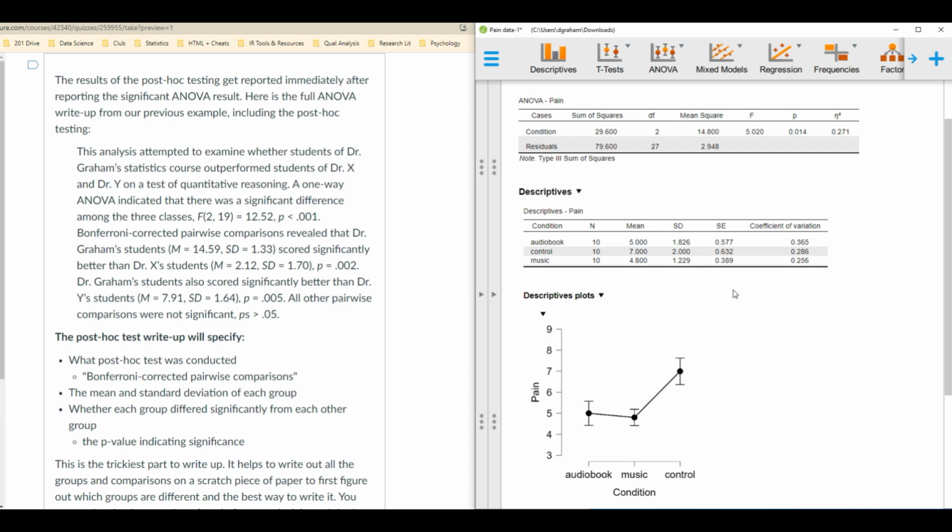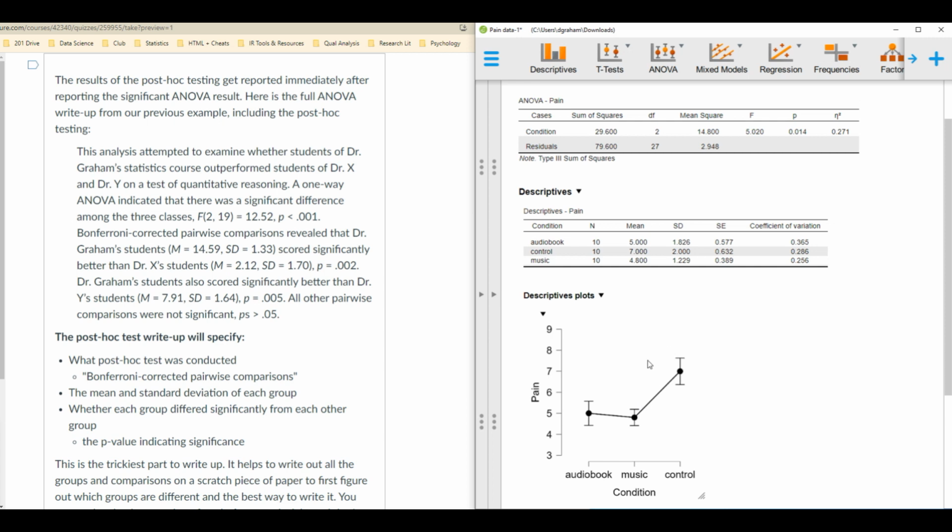So looking at these, we can see visually there are some differences, but we cannot conclude from this whether these are significant differences until we've looked at the tests comparing each of these directly. So the tests that we've run will allow us to say, okay, audiobook versus music, is this difference significant?